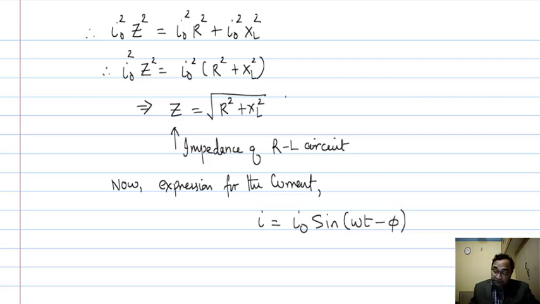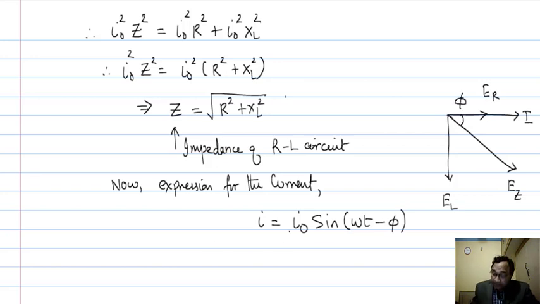How to find that? If you go back to the impedance triangle, this is exactly how we had the current I, we had ER and we had EL here. So, the resultant lies somewhere here like this. This angle is said to be phi.